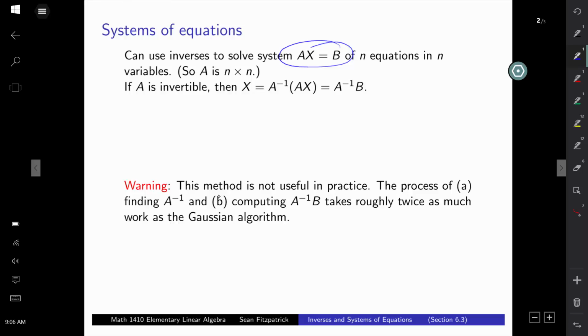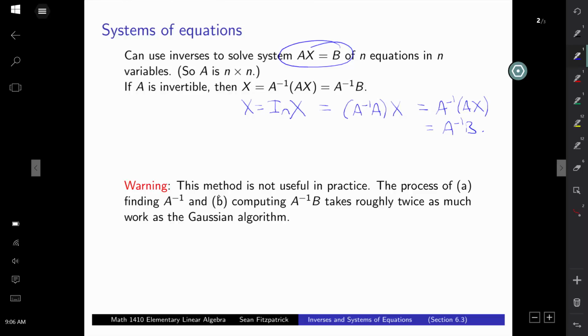I can say x is equal to the identity times x, and the identity is A inverse times A times x. Using associativity, we get to here. And then A times x, well, that was assumed to be equal to b, so we get A inverse times b. That's the calculation that you see there.